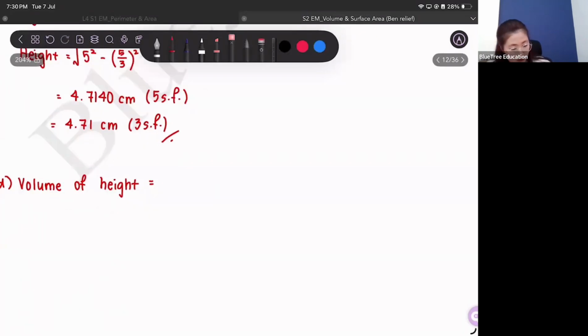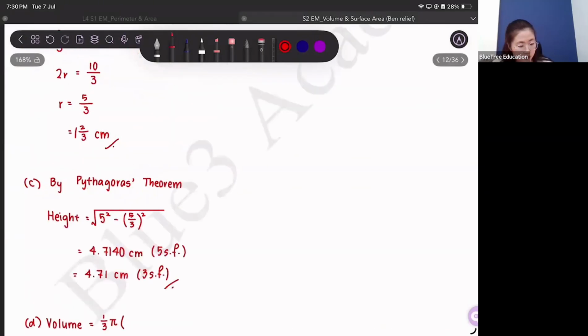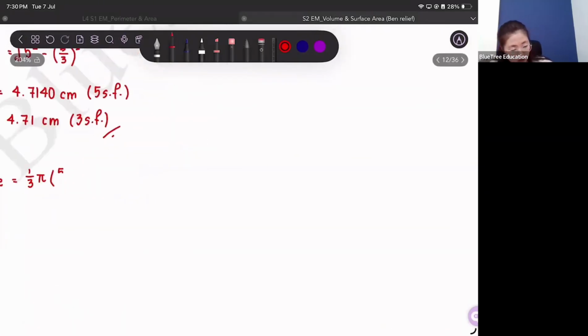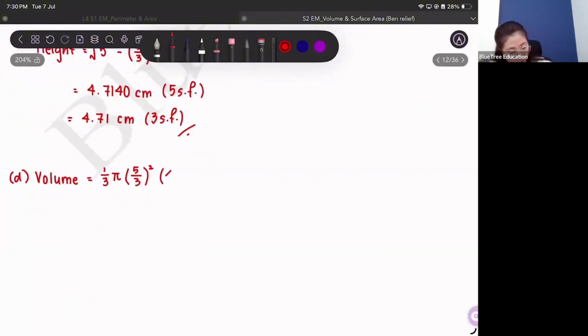So volume will be 1/3 pi, radius in this case is 5 over 3, squared, times my height, which I'm going to use 4.7140. Don't use a 3SF value. The 3SF value is not accurate enough. Even though to you it might not look very different, to the invigilator it makes a difference.